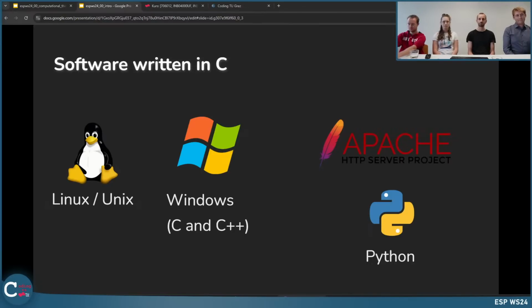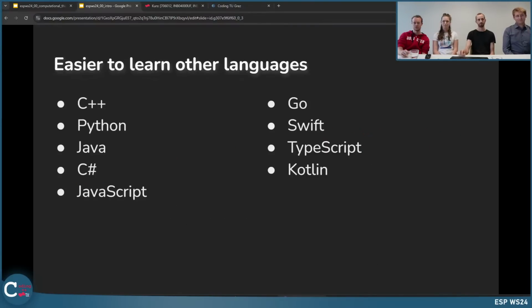Also parts of Windows are in C and C++, and some other languages like Python are built on C, so Python is written in C. And whenever you are working with a website or web server, it's also most likely written in C. So much software is written in C, and that's why it's still very important to master C.